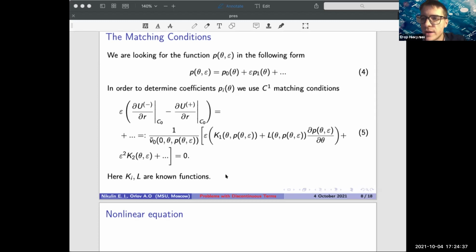We can express them via the first coefficients of the task. It's very important that the coefficient L, the coefficient before the derivative, depends on the tangent component of the advection vector A.